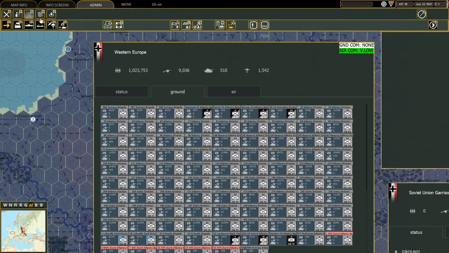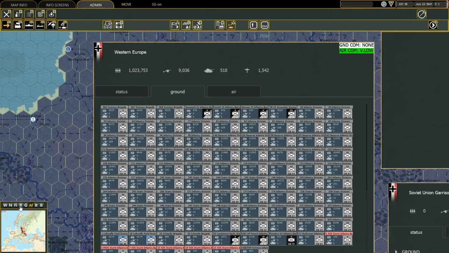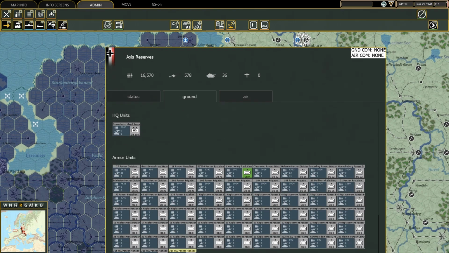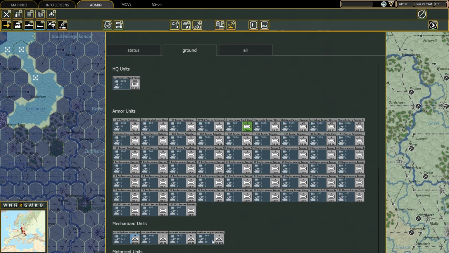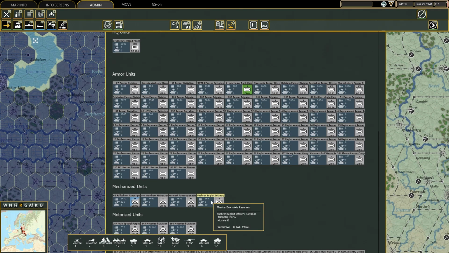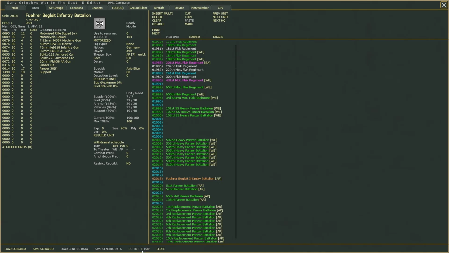So one big difference: if you play without the enhanced player theater box control, you will only have access to this one. This is the National Reserve theater box, and you can only play around with the units present in this theater box. Like in this case, the Führer Big Light infantry battalion, which is already here.